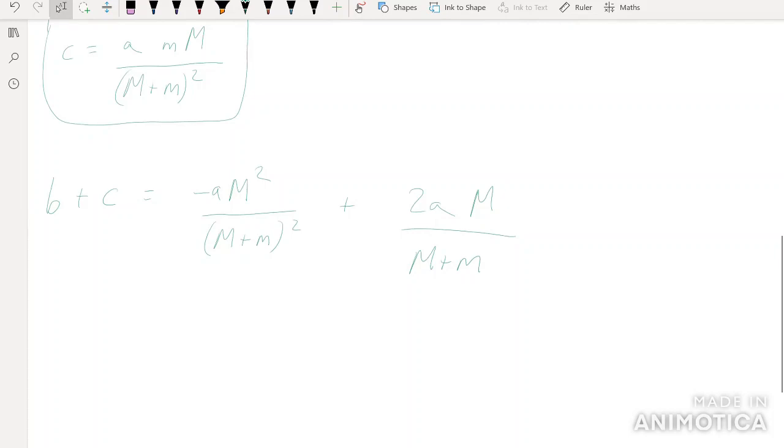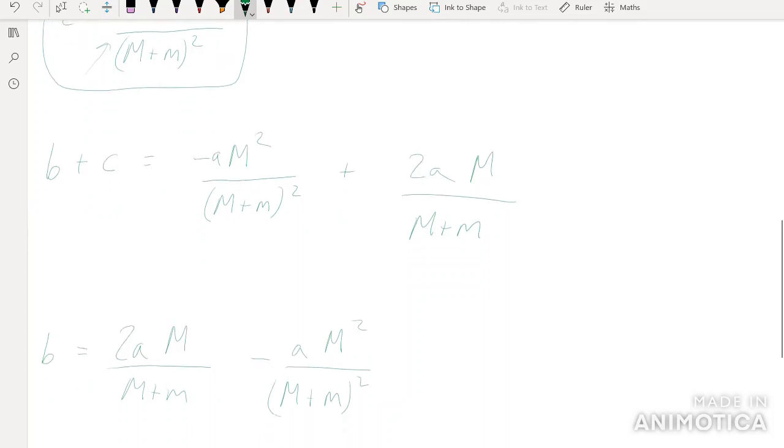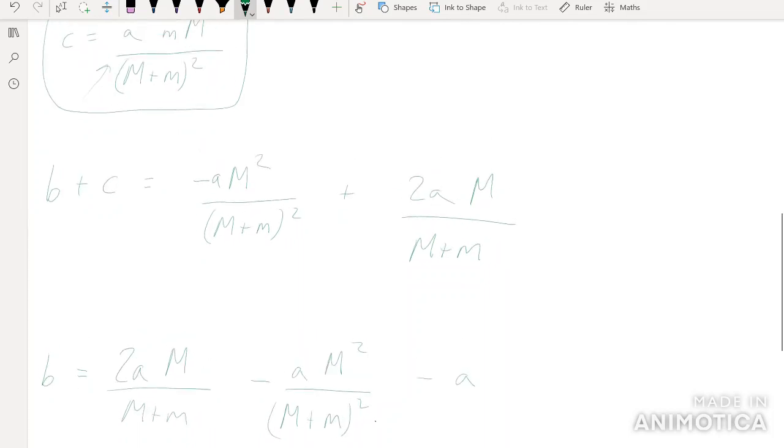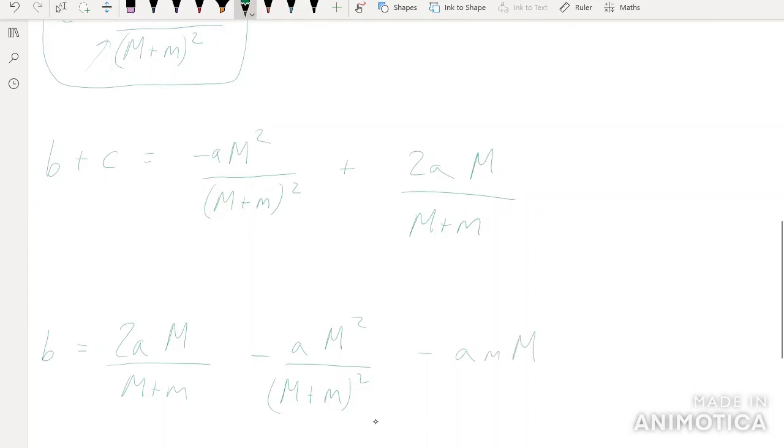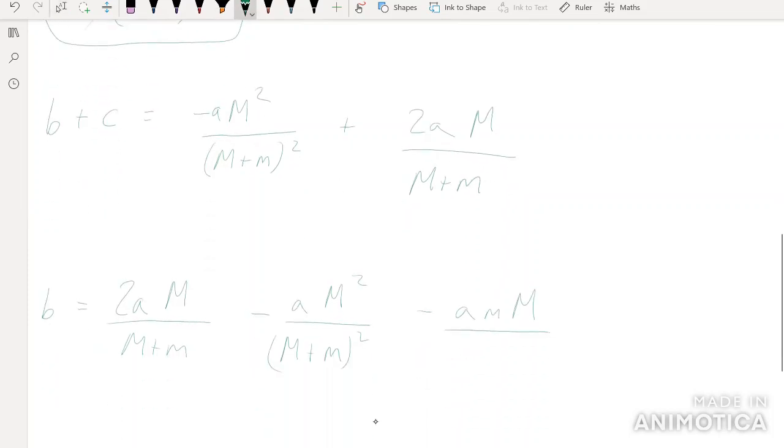It's this thing up here. And so we've got that B is equal to 2A M over M plus M minus A M squared over M plus M squared minus whatever C is, which is A M over M plus M squared.